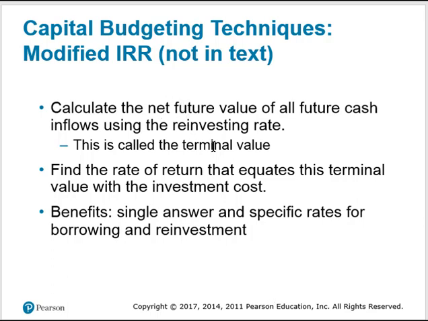That gives us what's referred to as a terminal value, or a future value of these future cash flows. We need to find the rate of return between the investment cost and this terminal cash flow. What this does for us, number one, is it guarantees us a single answer. And it gives us some specific interest rates for borrowing and investing in our decision making.